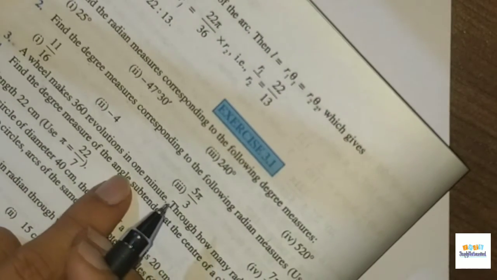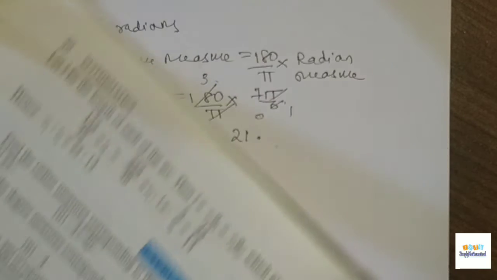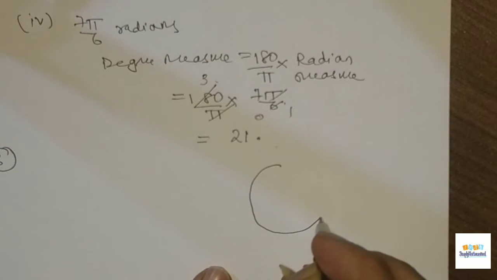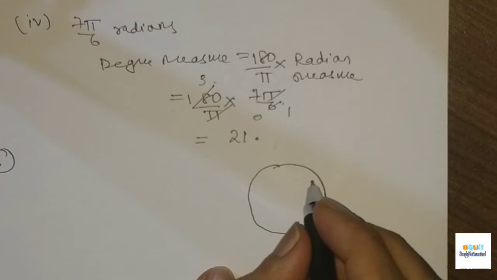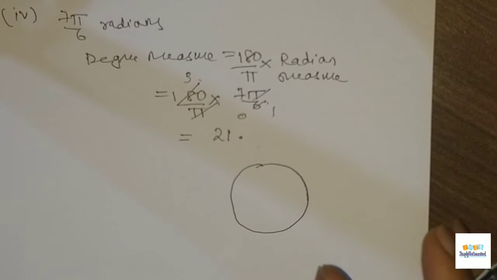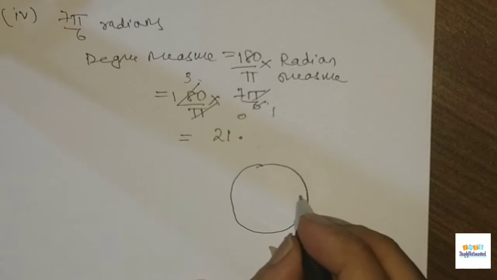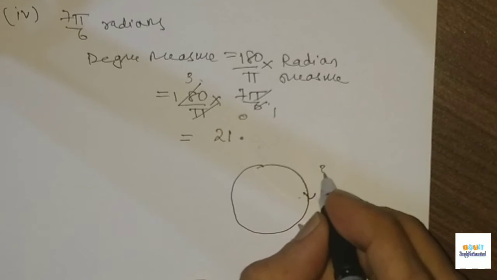So what is the problem here? The wheel is turning 360 revolutions per minute.